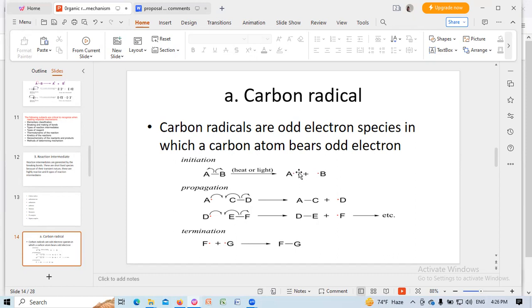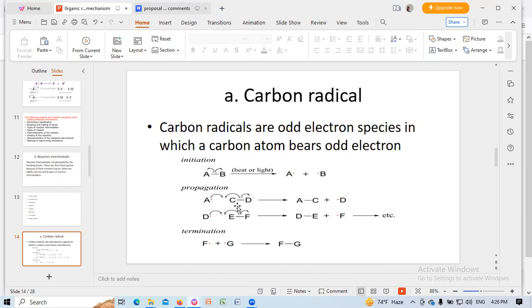These free radicals also attack another molecule to form the propagation step, and then two free radicals or carbon radicals form another bond, the termination.